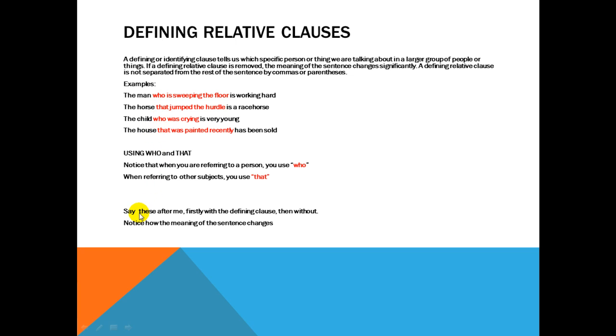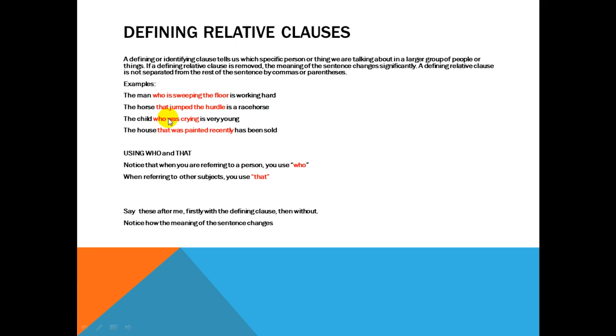Now, say these after me, firstly with the defining clause and then without, and we'll notice how the meaning of the sentence changes. The man who is sweeping the floor is working hard. The man is working hard. The horse that jumped the hurdle is a racehorse. The horse is a racehorse.